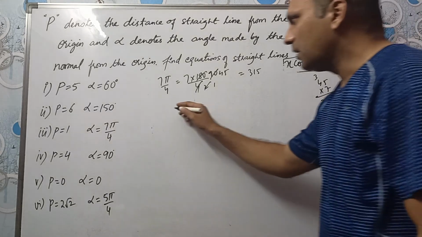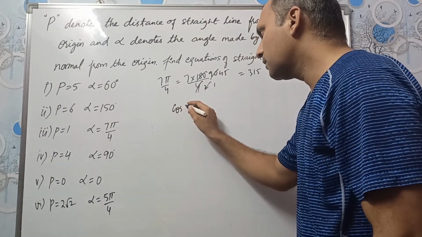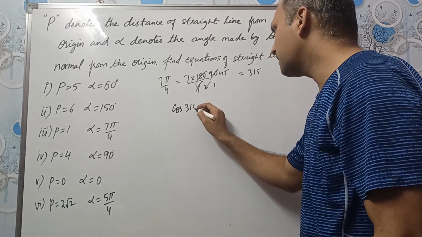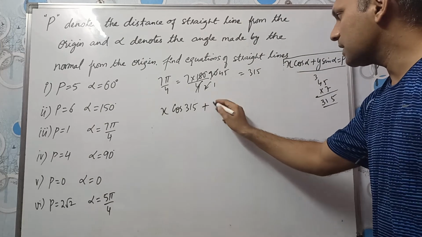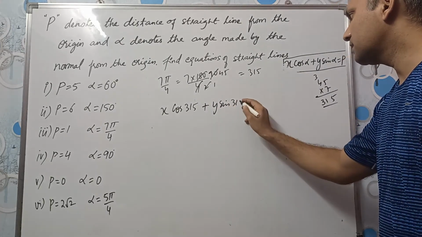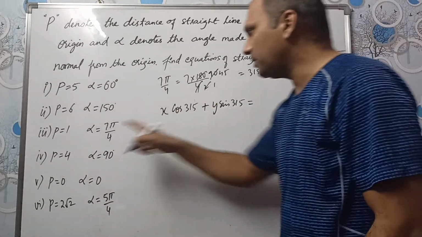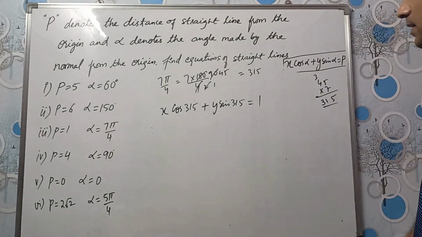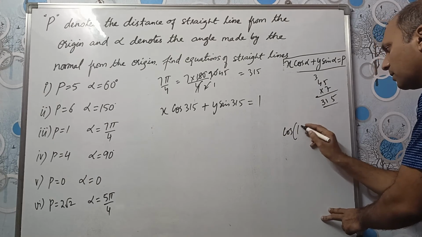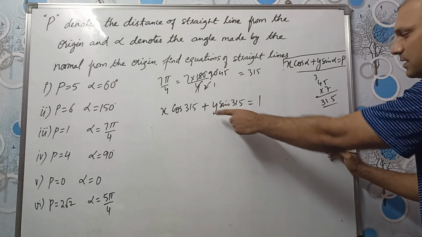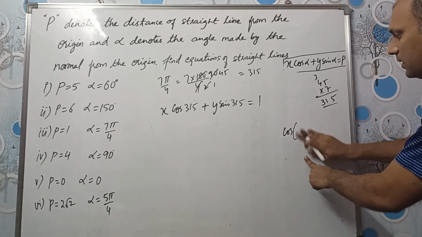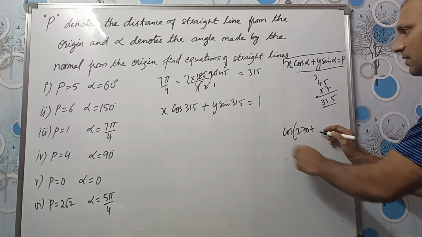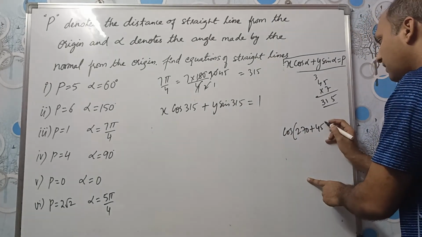Alright. We need to find cos 315 and sin 315 because we have x cos alpha plus y sin alpha is equal to p. The p value is 1. Now, how should we find cos 315? From trigonometry, we can write 315 as 270 plus 45.